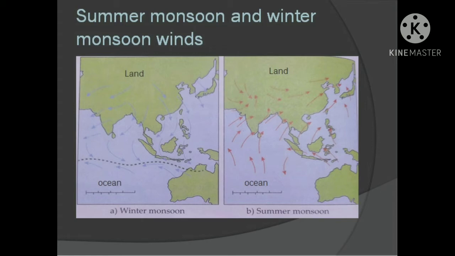During the winter season, dry and cool winds blow from the colder northwest region of the land to the ocean. As we can see in the diagram, these winds cause rain in coastal Tamil Nadu, whereas the rest of the country receives limited rain. These winds are called the winter monsoon winds.